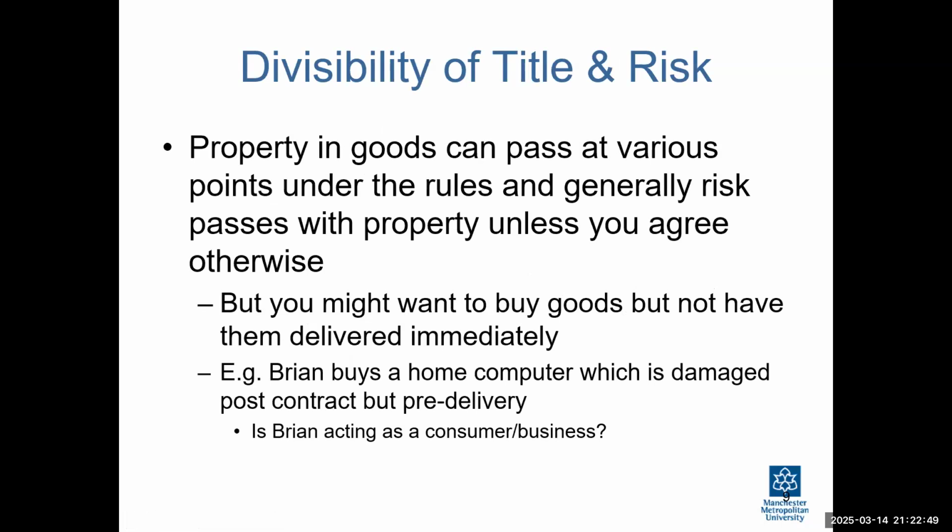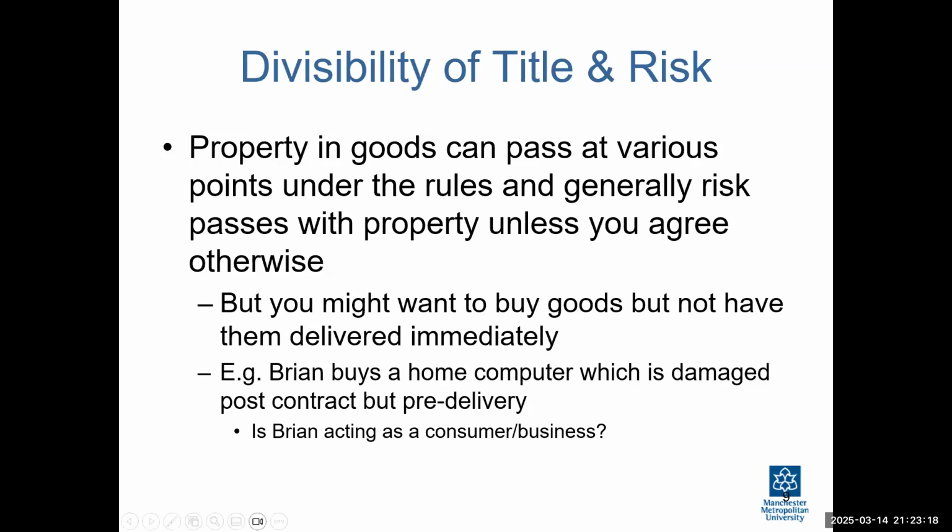You want to buy goods now, but you don't want to take delivery because you don't have where to put them. Just think about those people selling with Amazon. They can buy goods, put them with Amazon, put them with Taobao, and then keep selling them. They don't even take actual delivery. They just keep it there and sell it on.